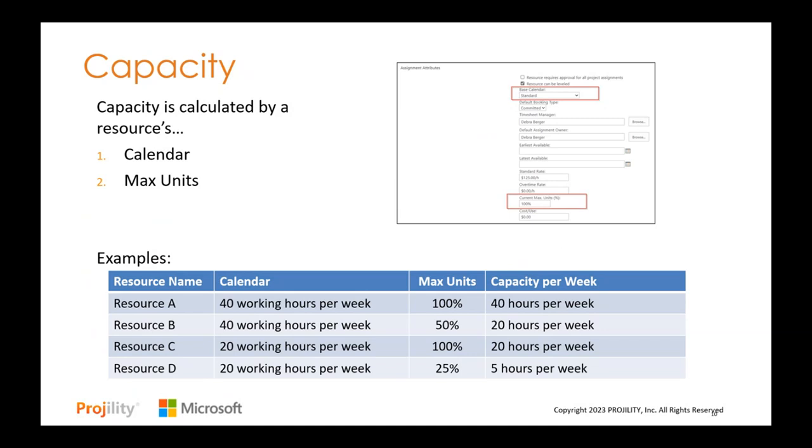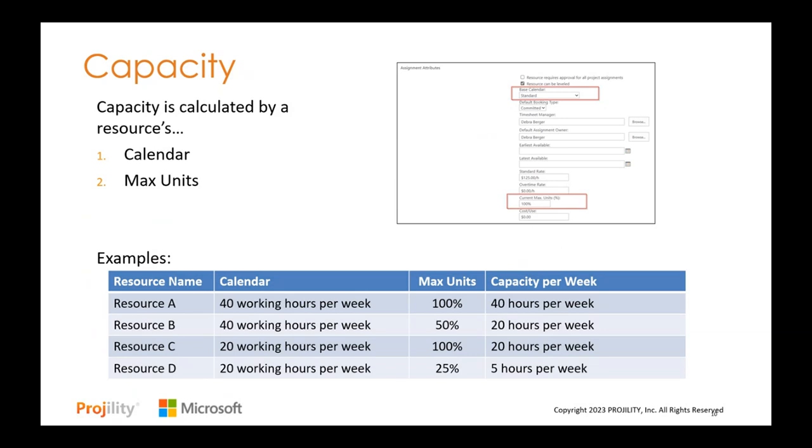So some examples below. We have Resource A, who has a standard calendar of 40 working hours per week. And we have assigned that resource 100% max units. The capacity for that resource would be 40 hours per week before they're considered over allocated. Resource B has again that same 40-hour per week working calendar, but they have a defined max units of 50%.